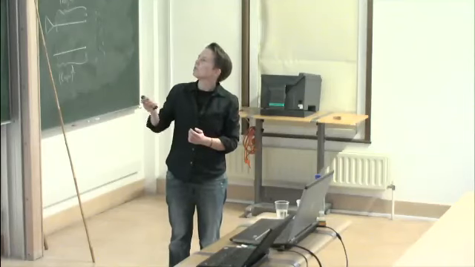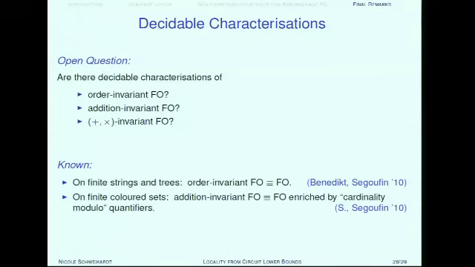And what do we know here? Again, from Benedikt and Segoufin, we know that on strings and trees, order-invariant first-order logic has no more expressive power than plain first-order. So here, plain first-order is such a characterization that I'm asking for. What we know about addition-invariant first-order logic is very little.